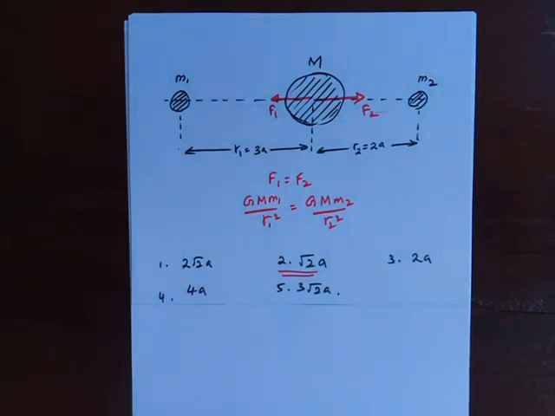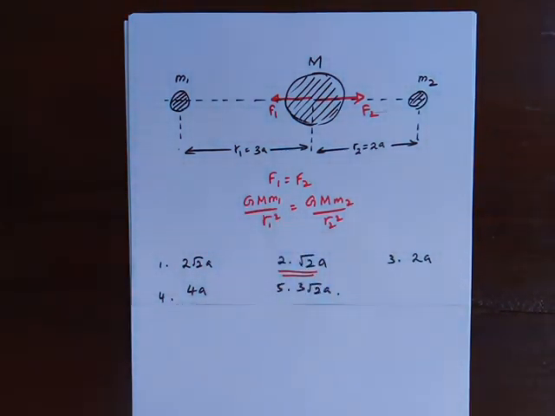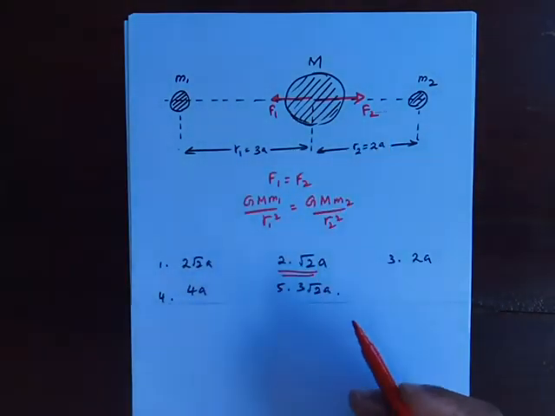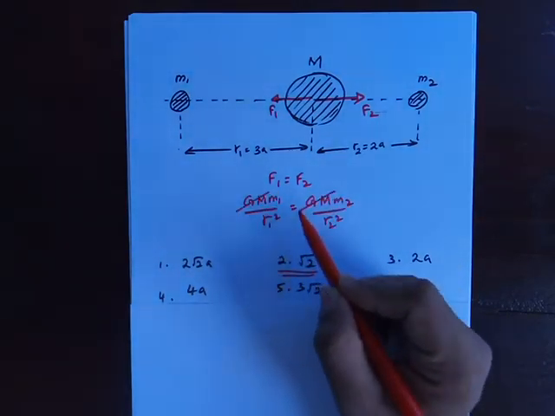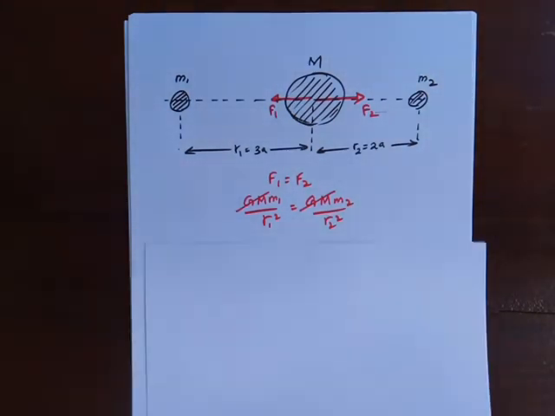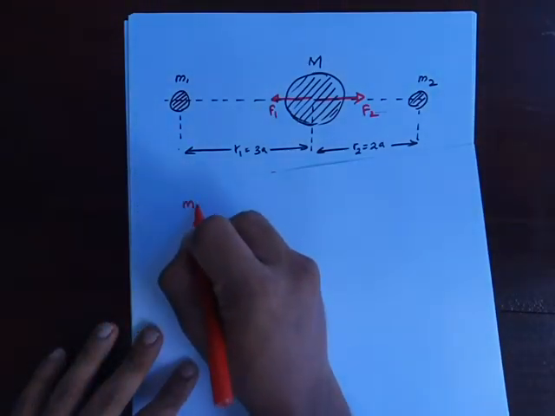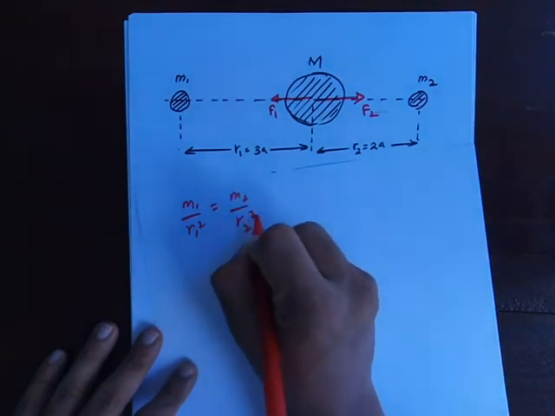Here I didn't do any math and it was not even necessary to write these things. Anyway, now I'm going to calculate this in the exact way. From the initial condition, I got this equation. Here GM cancels off, so I can write M1 over R1 squared is equal to M2 over R2 squared.